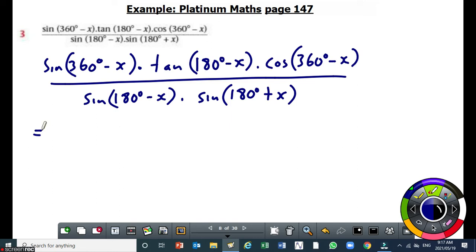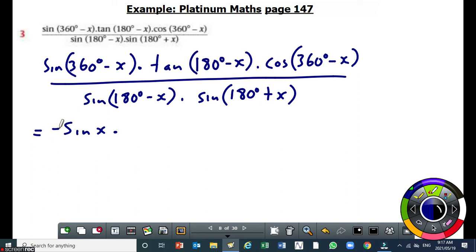Sine 360 minus x is going to be like sine 360 minus theta. So it's going to be equal to sine x. Oh, sorry, yes, negative sine x.